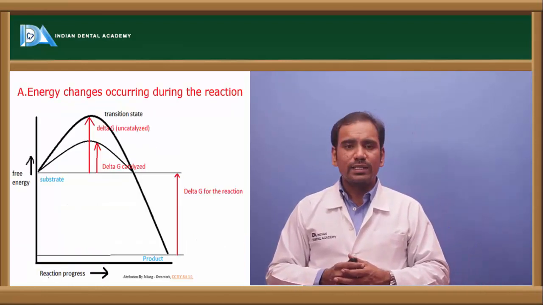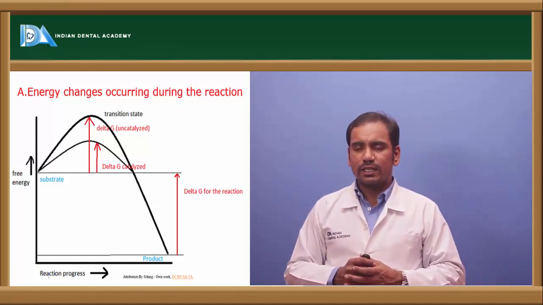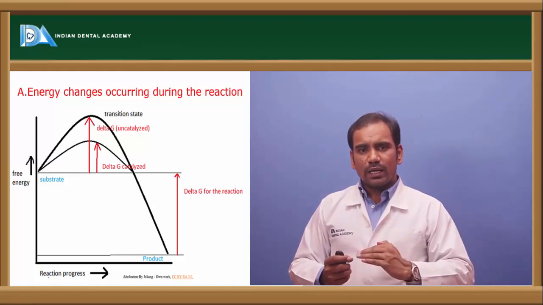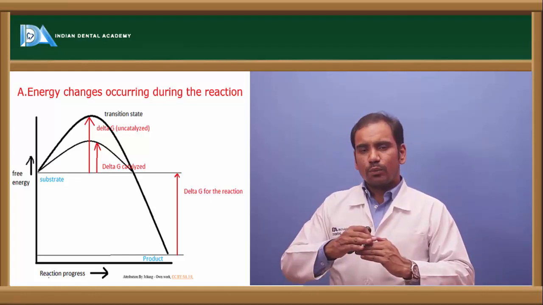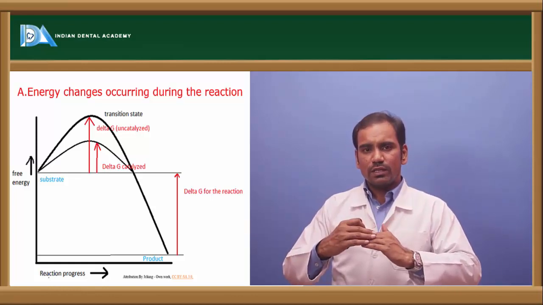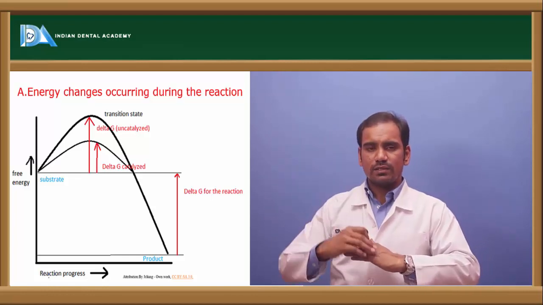Coming to the energy changes during the reaction, the substrates have some energy and the products have a different energy. So we have to convert the substrates from a low energy state to a high energy state.